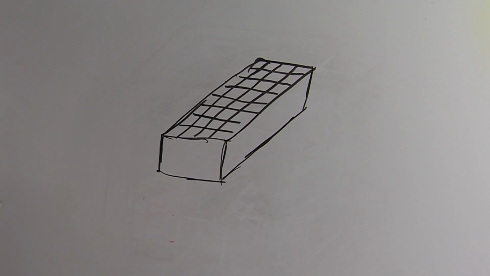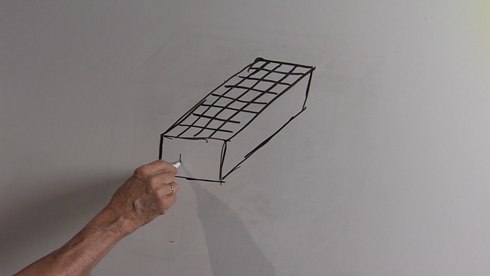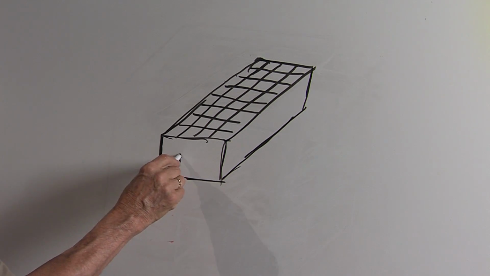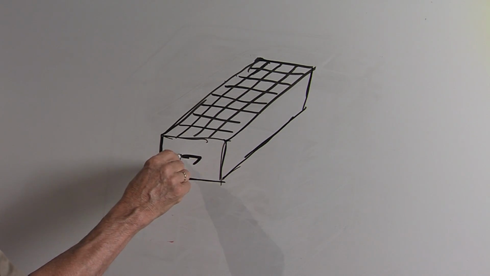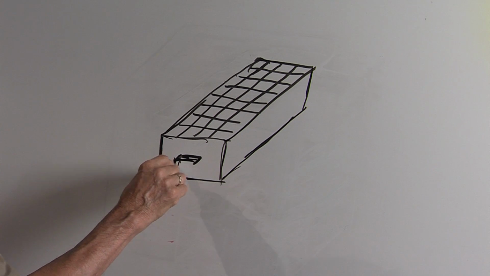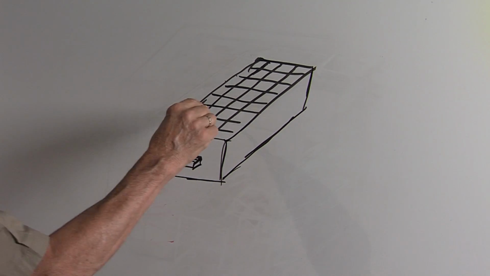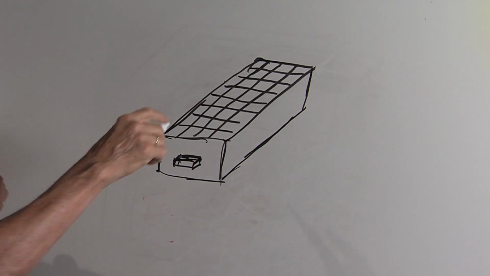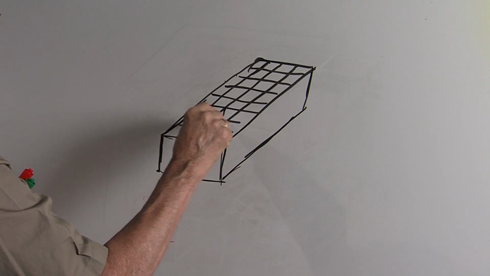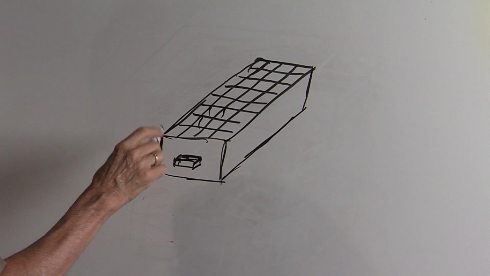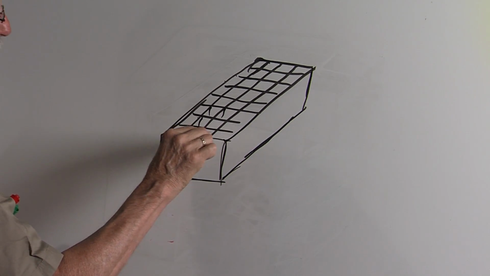All right, and then I'm going to add on the front of this a little handle that comes off of this that you can pull. Oh, I'm missing one point. The depth lines that are going down in. All right, there should be little depth lines on each one of these junctions.